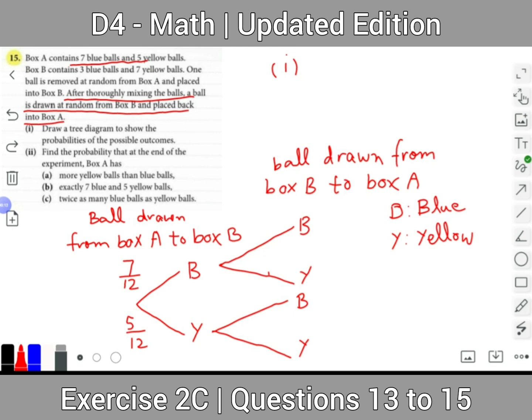So when one ball taken from the box B is placed back into the box A, the number of blue balls changes. Since one ball is already removed from the box A, the total number of balls that are left will be 11.